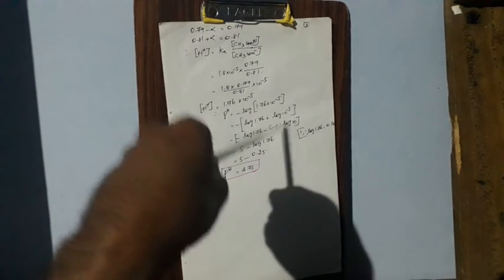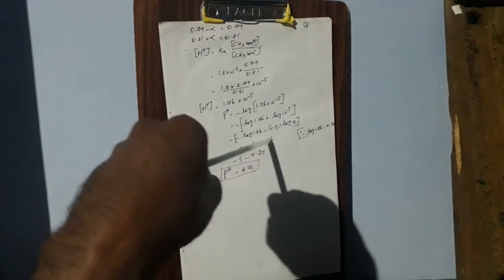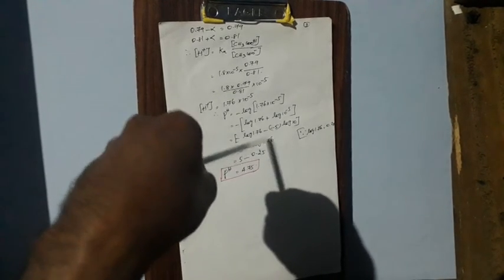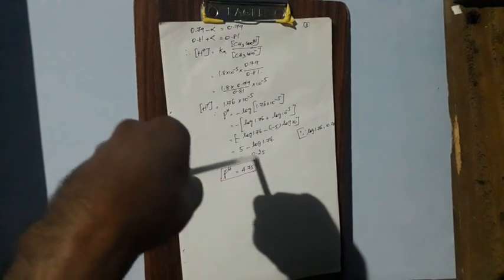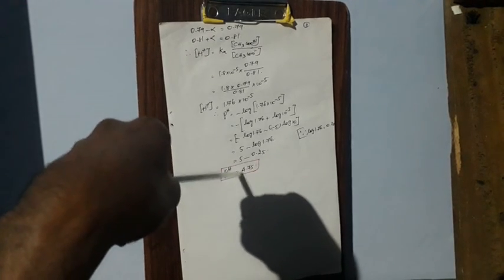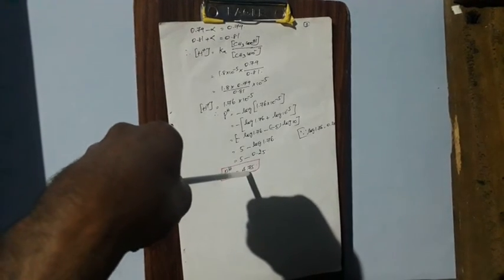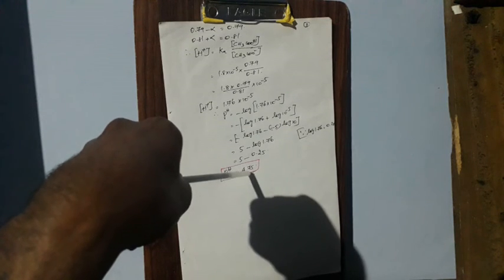So minus into minus gives plus 5, and minus log 1.76 is 0.25. 5 minus 0.25 is equal to 4.75. This is the pH value after addition of 0.01 mole of sodium hydroxide.